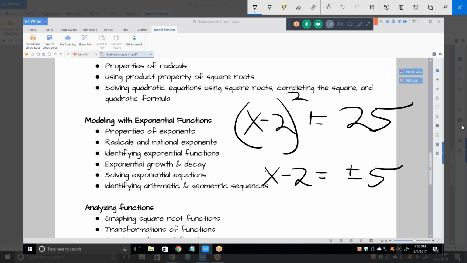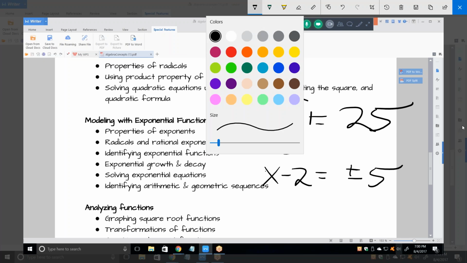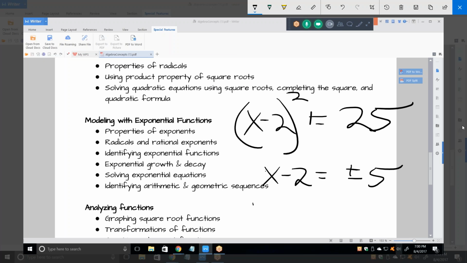Now, what's the last step? So if x minus 2 equals plus or minus 5, what's x equal to? No, it's plus or minus 5 plus 2. In other words, I get there by adding 2 to both sides. Now, treat this as 2 separate answers. What's the first answer, which is plus 5 plus 2? 7.